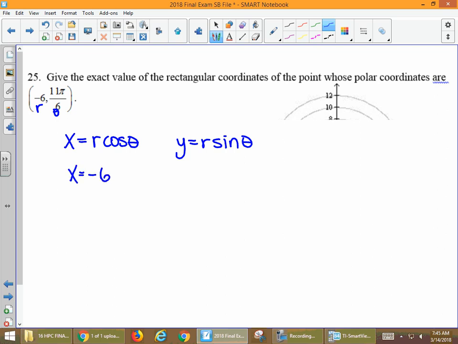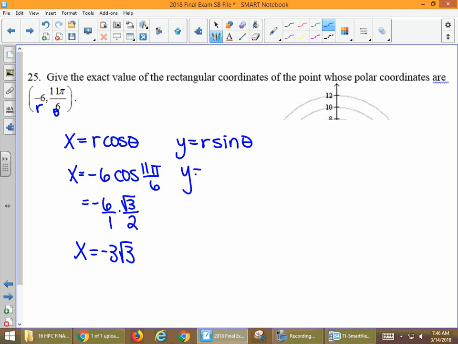So here, -6 times cosine of 11 pi over 6. Cosine of 11 pi over 6 is radical 3 over 2. 6 divided by 2 is 3. So there's your x value, -3 radical 3.